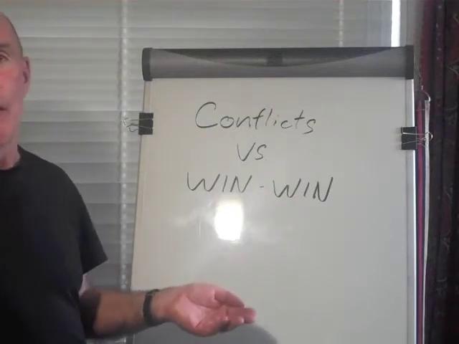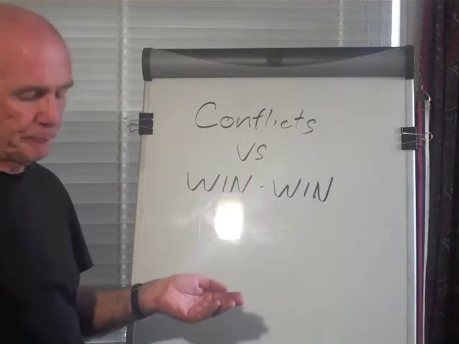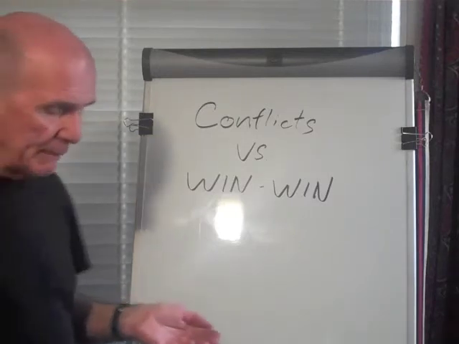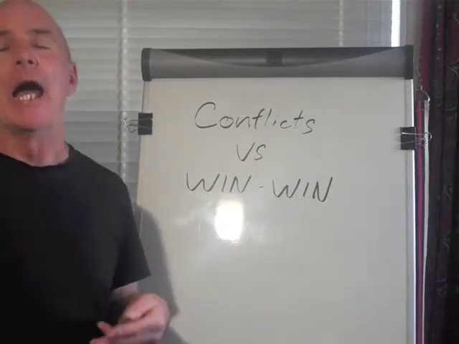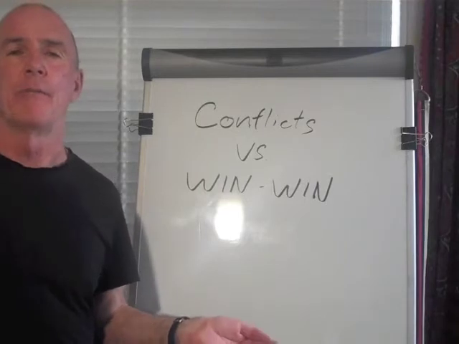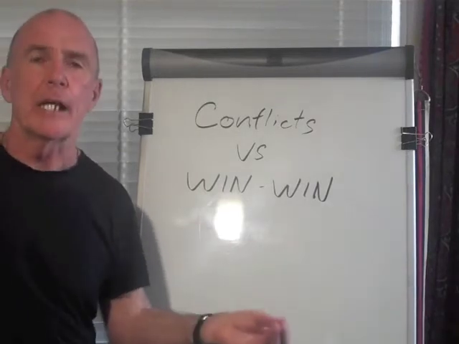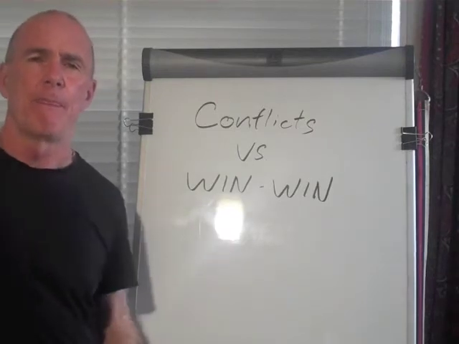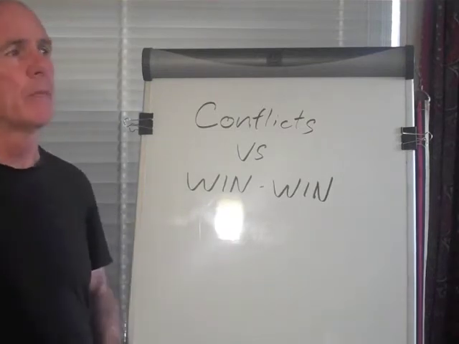The second type of conflict is a conflict of needs. So an example of that might be, I need you to watch all of the videos so that you can really understand the benefits and the value of what I'm teaching you.